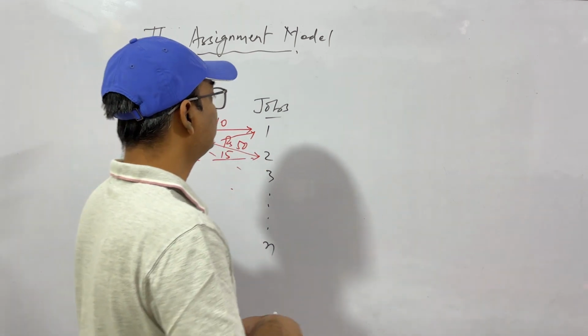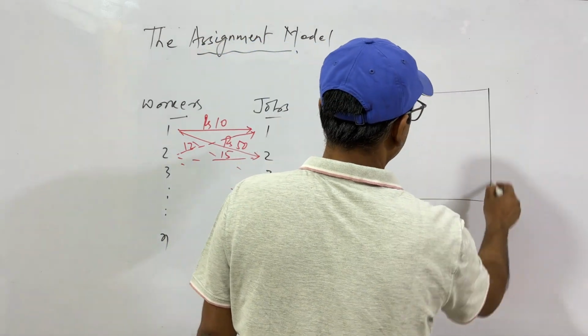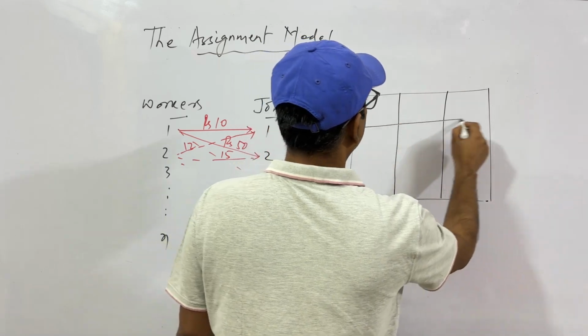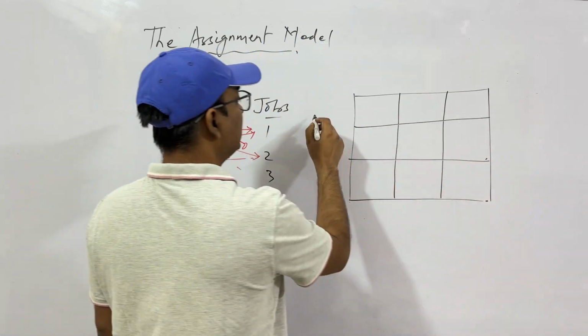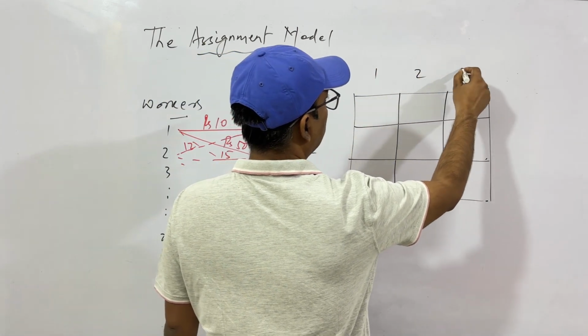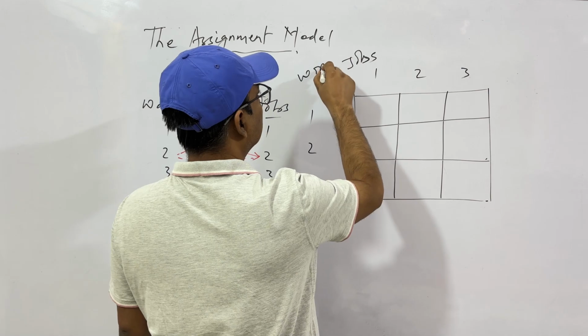Let's make the table. Let's make it for 3 cross 3. That is, there are 3 workers and we have 3 jobs. Let's say this is worker 1, this is 2, this is 3, and this is job 1, job 2, job 3. These are jobs and these are workers.